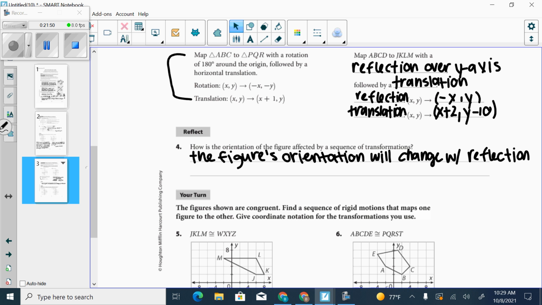And then we translated it down, right? So that part is what's going to change its what? Location. Okay. And location will change with the translation.